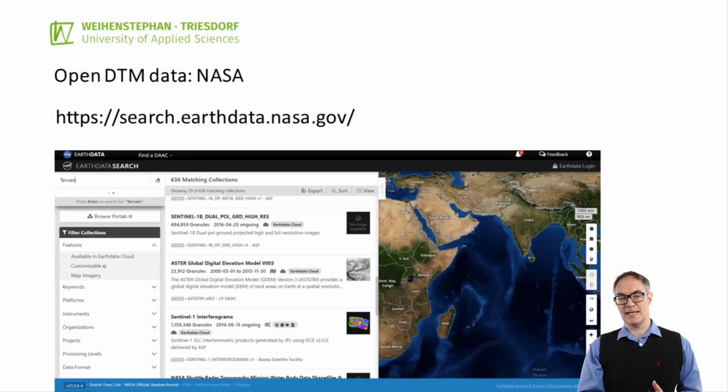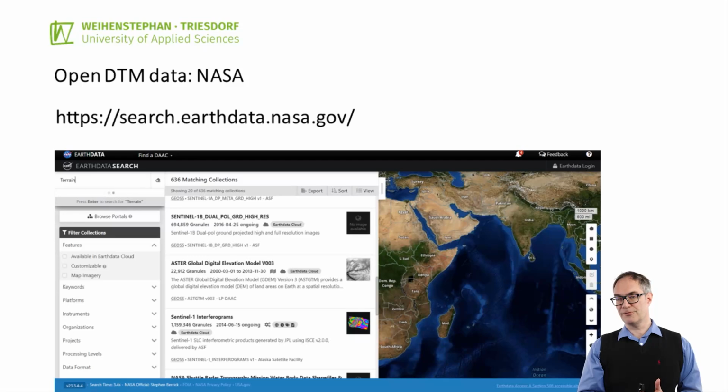Perhaps the data you need is already collected, so there are some open data sources for terrain. A global data source that is available to everyone is NASA, the American Space Agency, and they provide terrain data for the whole globe with a resolution of 30 meter. That means you have an elevation point every 30 meter.